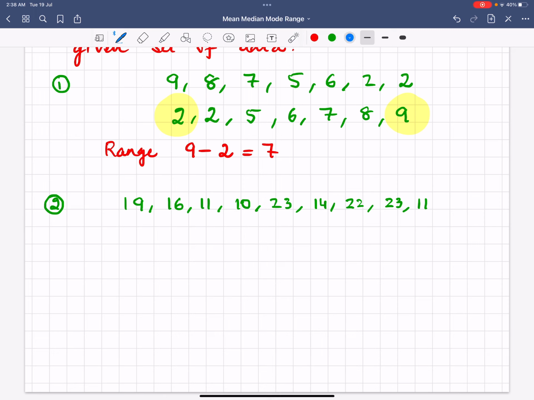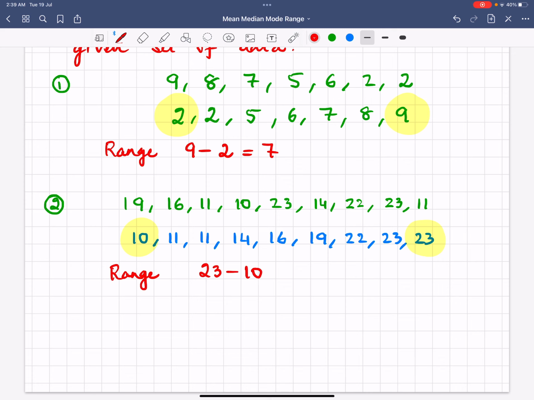So we have 10, 11, 11, 14, 16, 19, 22, 23, and 23. Now, the largest number that we have is 23 and the smallest number is 10. Therefore, we can find the range by subtracting from the largest number 23, the smallest number 10, and our answer is range is equal to 13.